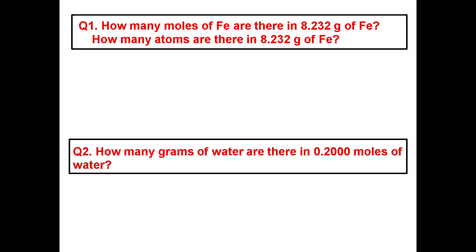Put that number, now you get the moles. How to get the number of atoms from the moles? If one mole is equal to this one, then how about 0.147 moles?